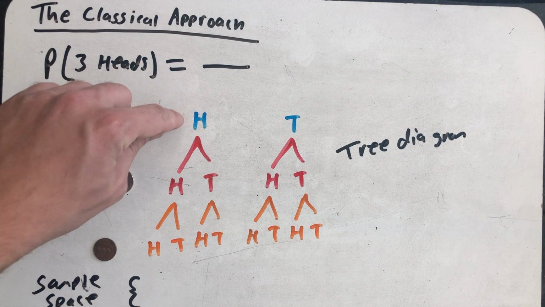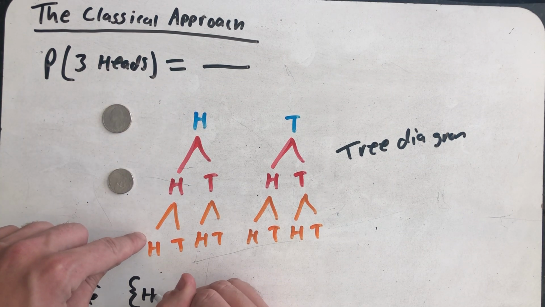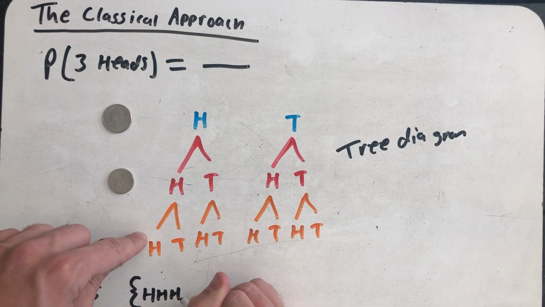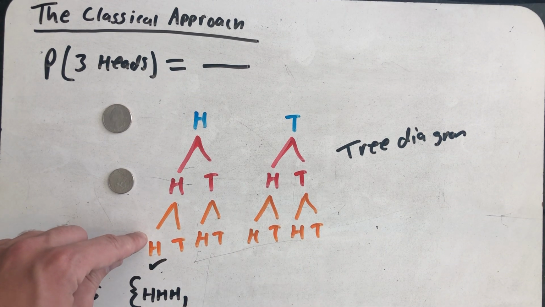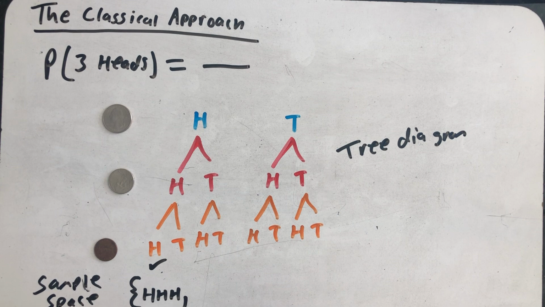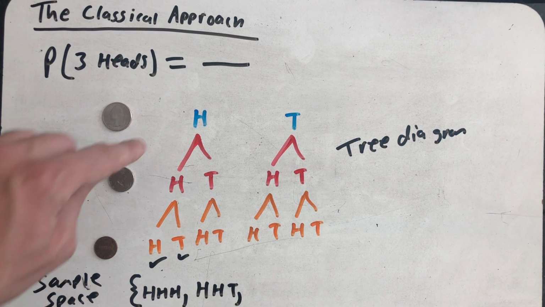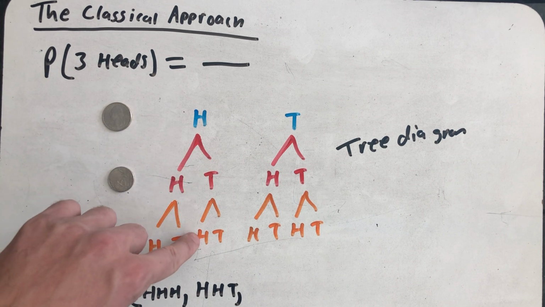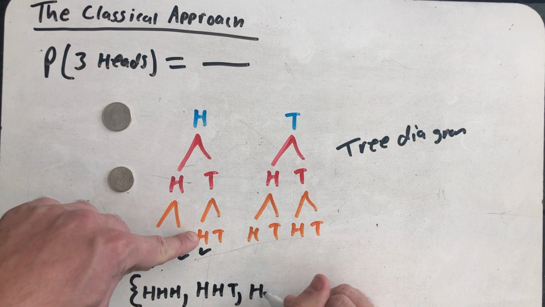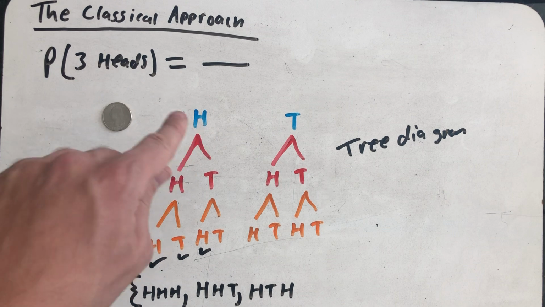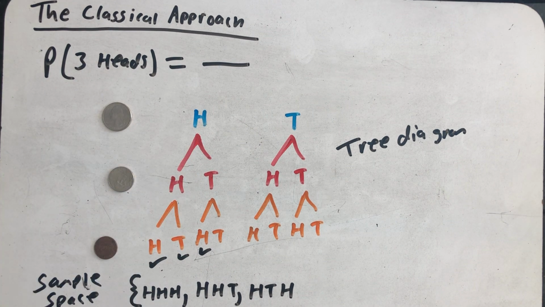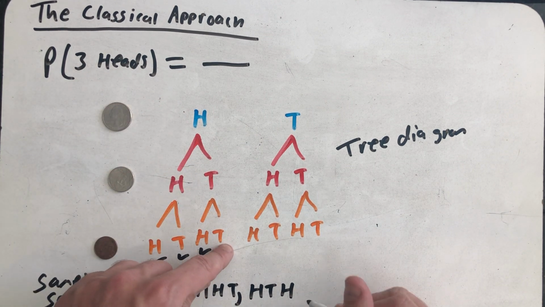So this first one, head, head, head. All right, so I've gotten that one. Next up I would have head, head, tail. Head, tail, head. And again, I'm just traveling down every possible way I can navigate this tree diagram. So I have head, tail, tail.